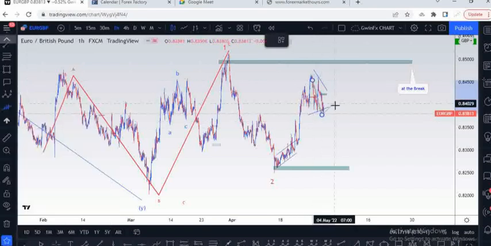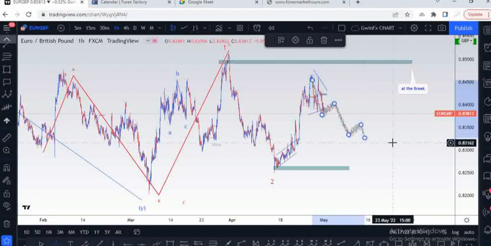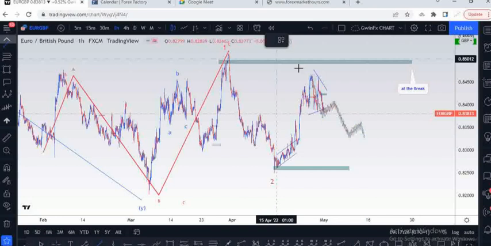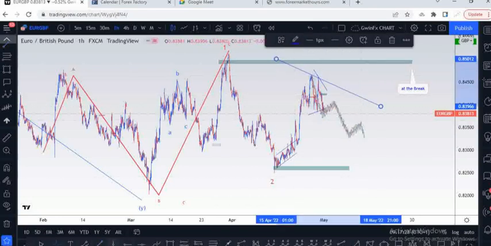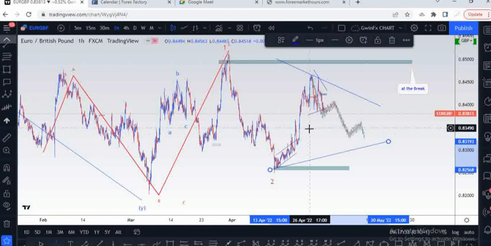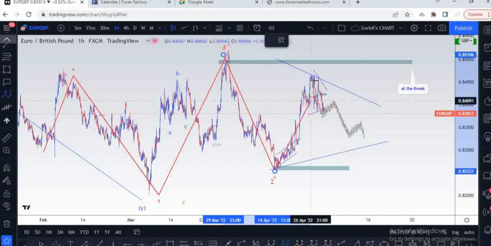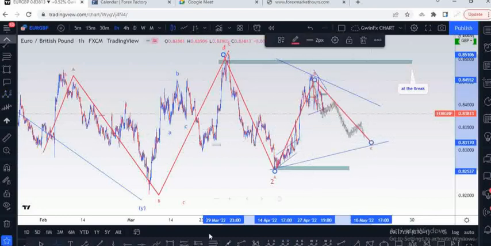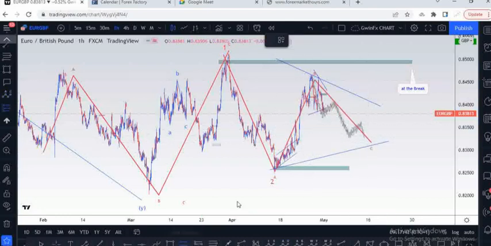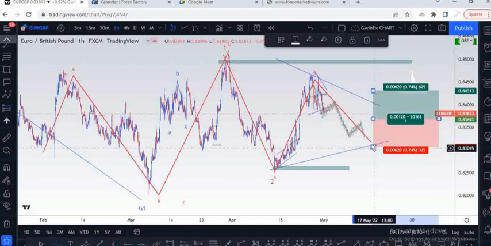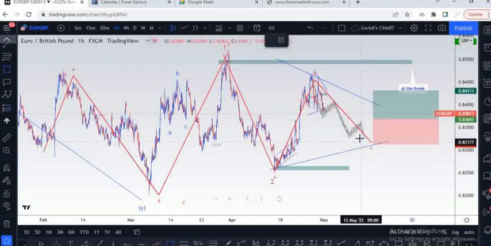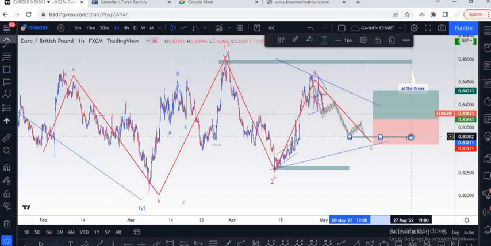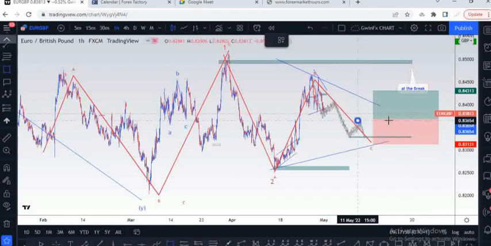So maybe we have price come into this zone here, and then I might be having a contracting wave 2, and that's fine. It's fine to have a contracting wave 2. Then I could be looking at maybe just ABC. Then at the break, I will be having a reduced risk, because this is going to be my low, and this is going to be the point of breakout which I want to look out for.